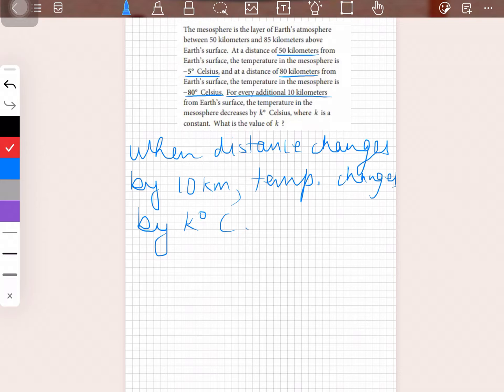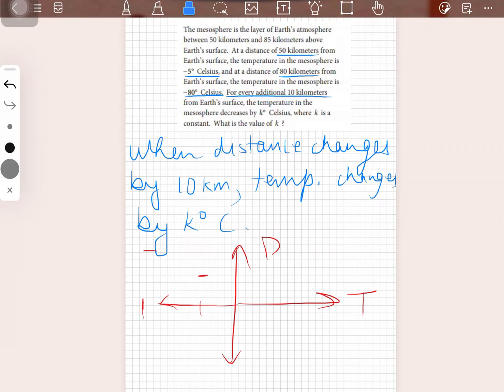And the other thing is you can look at this question from the point of view of coordinate geometry. We have been given two different kinds of data: one is about the distance and the other is about Celsius. So let's say you have a graph where the x-axis is the temperature T and the y-axis is the distance D. The temperature is minus 5 and the distance is 50, and then the temperature is minus 80 and the distance is 80.